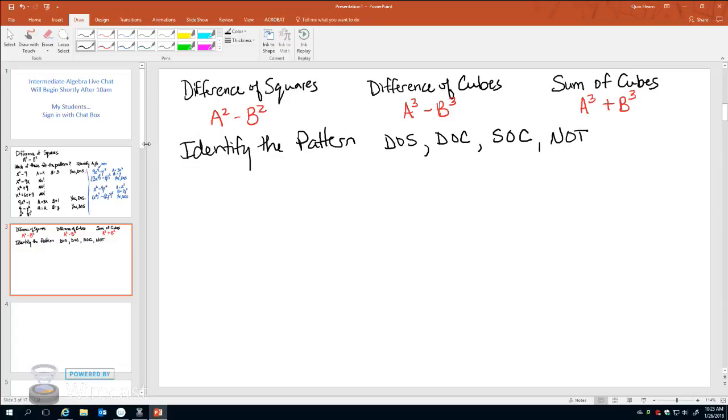And if it is one of the patterns, then we also want to state what our a is equal to and what our b is equal to. Okay?